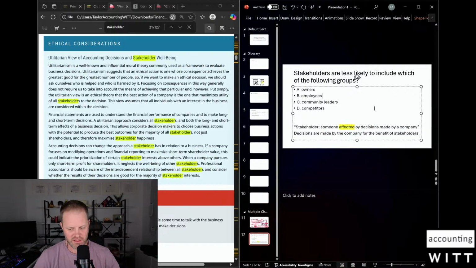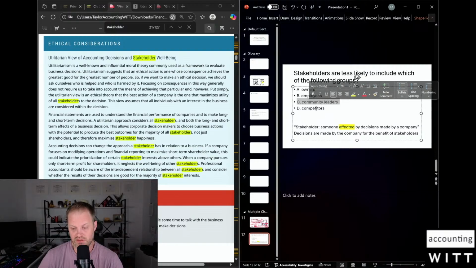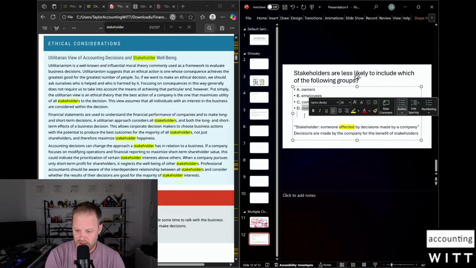If you buy into that idea, then who is the company trying to benefit? Owners, yes. Employees, yes. Community leaders, yes. Competitors, not as much. So I would say D.